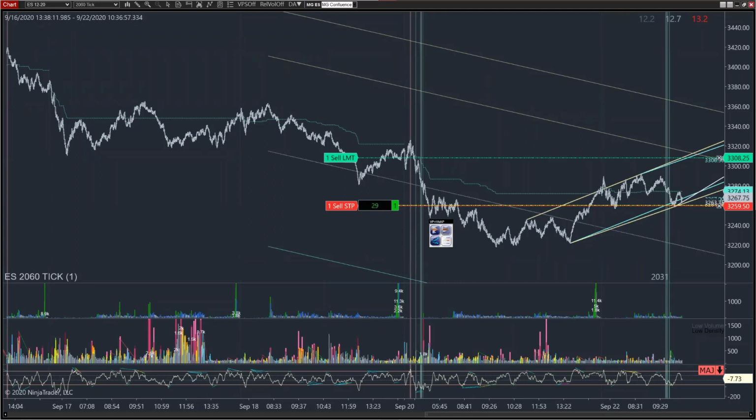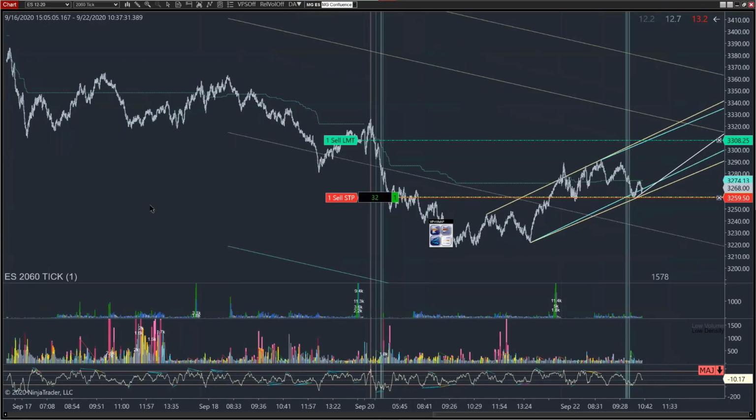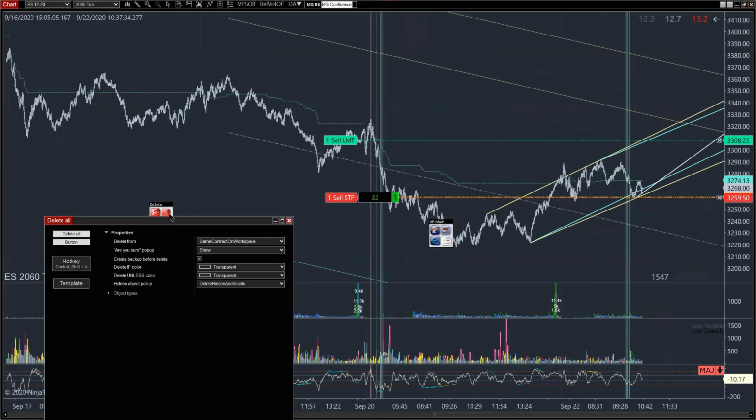Yeah, this is wave 2 low. And now I need to see a 3, 4, 5. Let me delete all that actually. Make sure I don't delete everything from the workspace again.